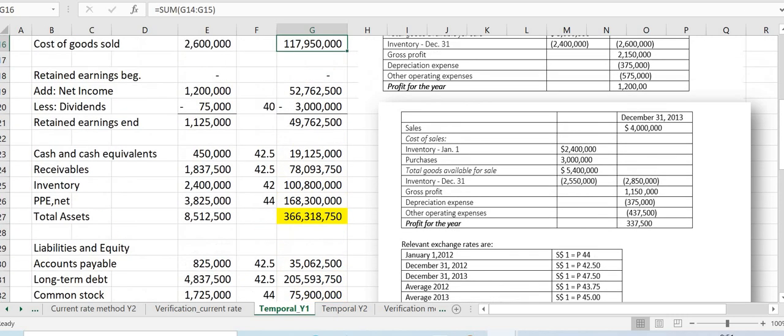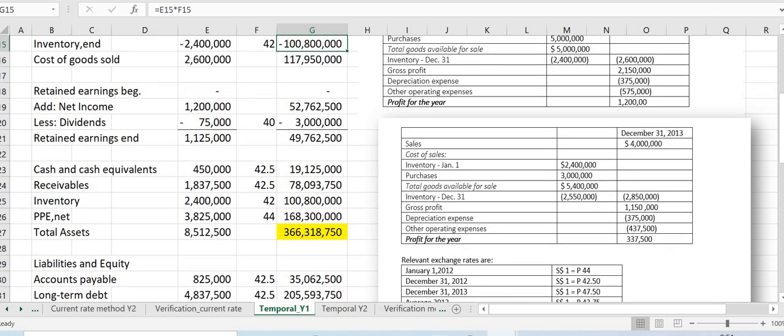So, after you get the ending retained earnings, you squeeze out the net income, the net income that already has the remeasurement gain and remeasurement loss embedded. So we have retained earnings beginning plus net income less dividends.